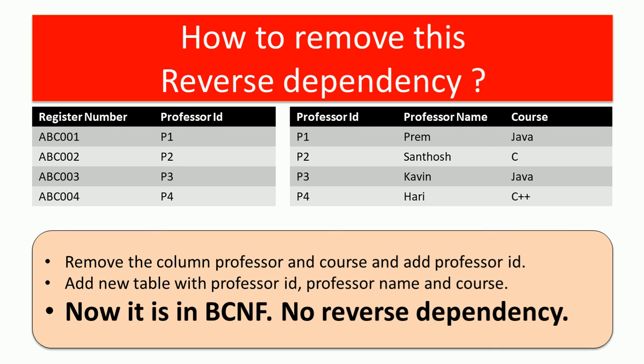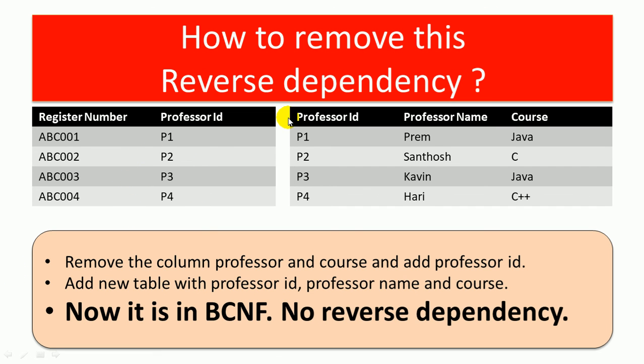So I will not get a single record as output. So register number alone cannot act as a primary key, and obviously professor ID cannot alone act as a primary key because multiple students will register the same course under the same professor. So finally, the combination of register number and professor ID will be a candidate key, that is the primary key. And as per this table, there is no non-primary key column in the first table.